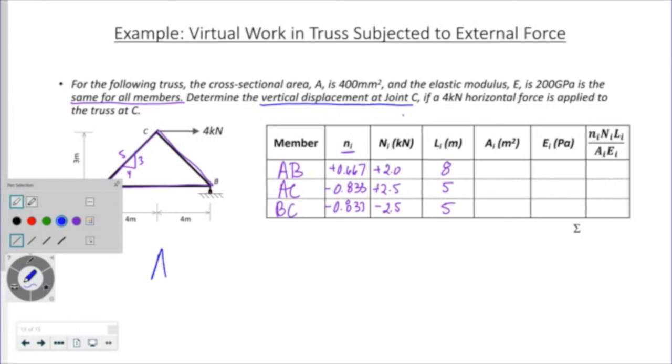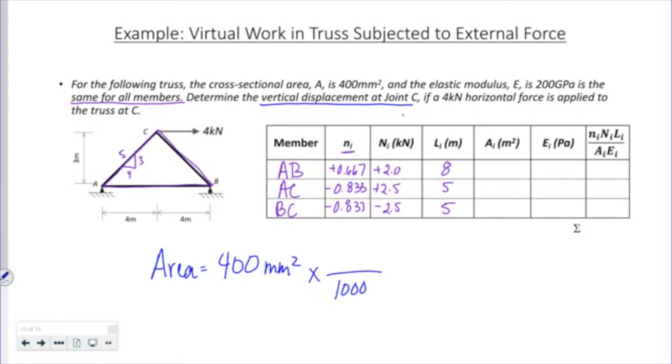My area is equal to 400 millimeters squared, and I want to get it in meters, so 1,000 millimeters in 1 meter. That's 4 times 10 to the minus 4th meters squared.